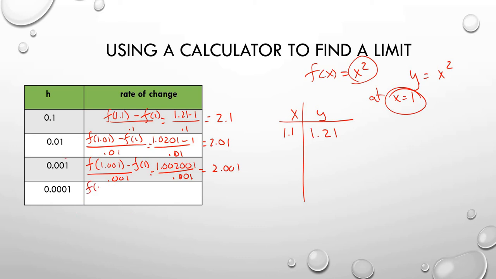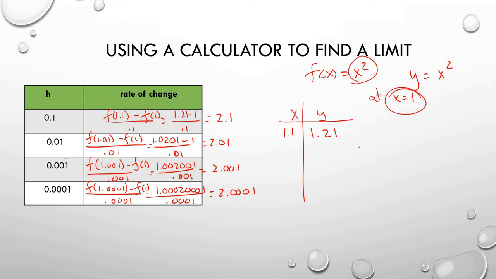And the last one, f of 1 plus h, a plus h, 0.0001, minus f of a over my h value, is 1.00020001 minus 1 over 0.0001, and that's 2.0001.